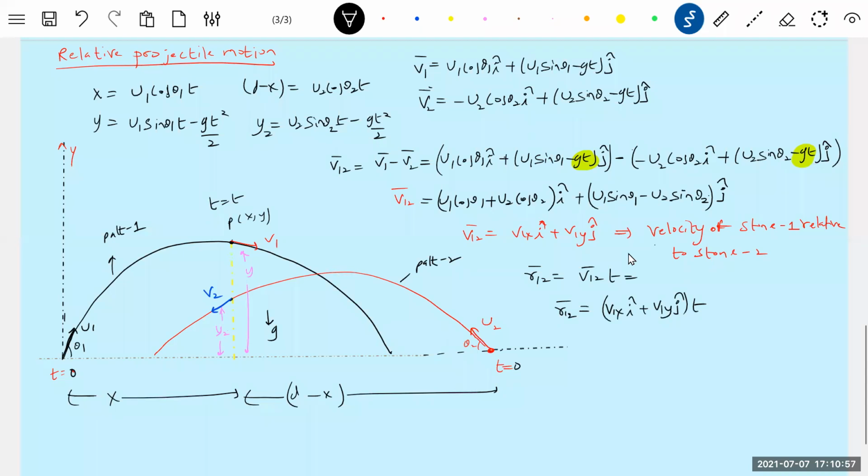Okay, what about the path, sir? Can you show the path as some rough diagram? Somewhere it will be like this. We can take it here.